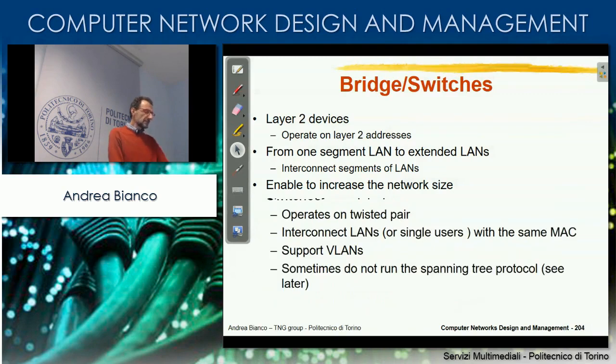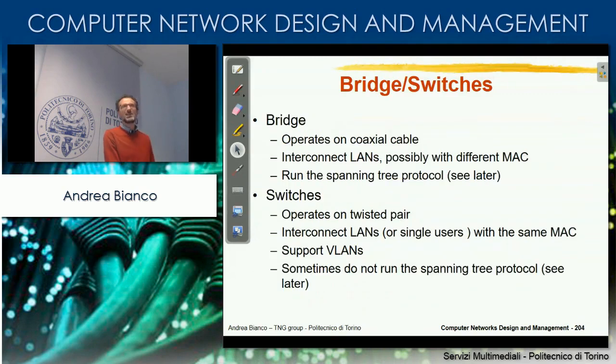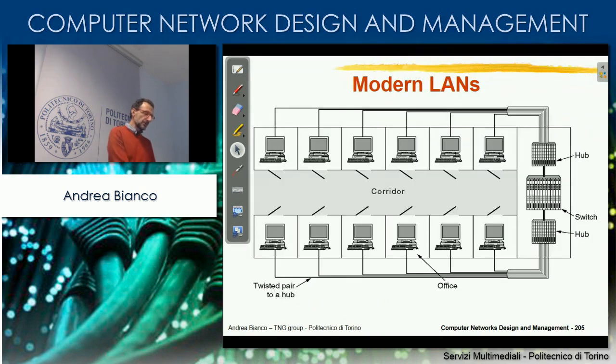The difference between a bridge and a switch is just in terms of technology, as I said. This is how modern LANs are created. You connect through twisted pair all of the offices or rooms to a given point, typically at the end of the corridor. And here you have connections that may be through hubs or directly to the switch.